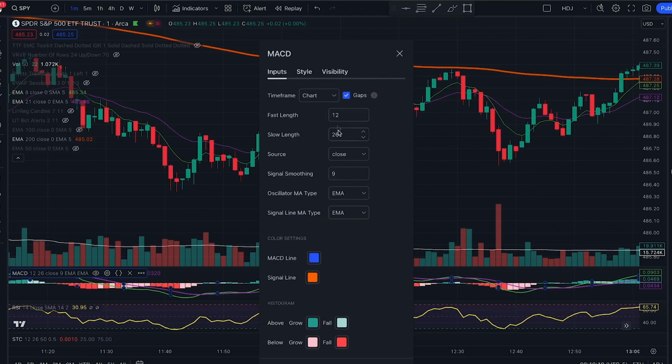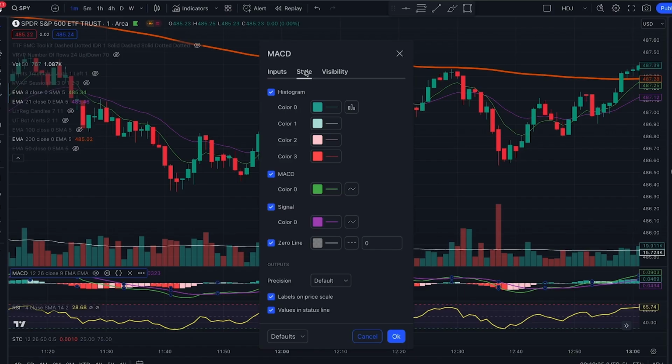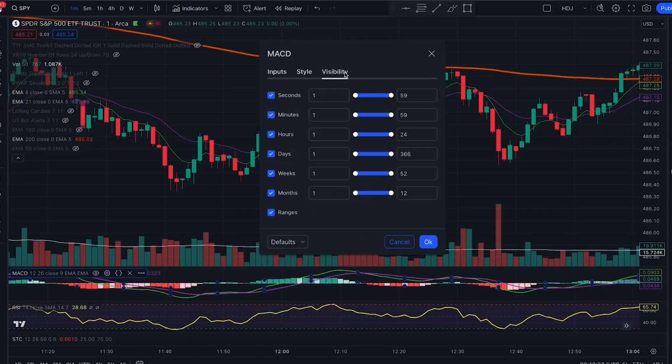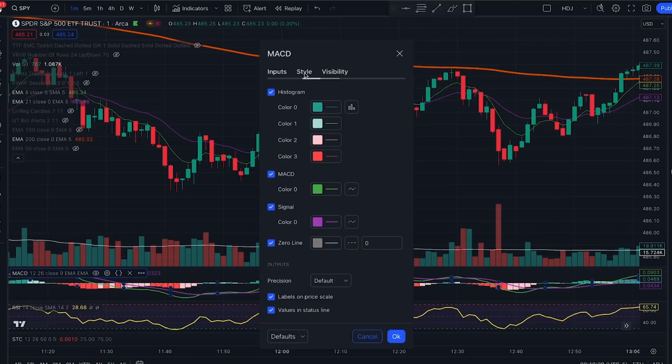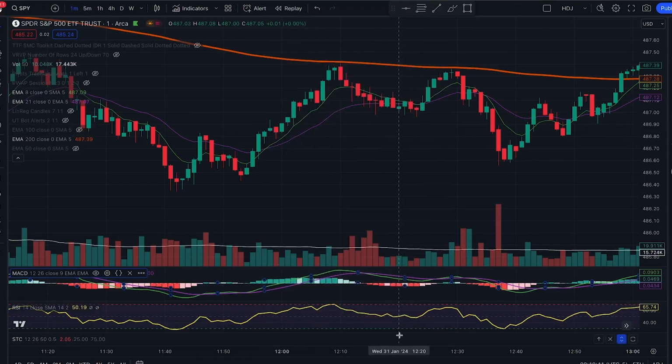We can use these numbers. So you can copy this for the inputs. Okay, so we got inputs, we got style, and then visibility. We're not going to mess with that. Okay, so that's the MACD settings.